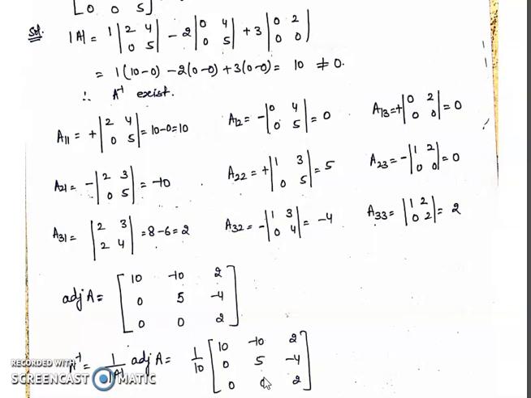But if it is mentioned to find the inverse by transformation, then you have to use either row or column transformation. Or if it is mentioned to find it with the determinant method, then use that.